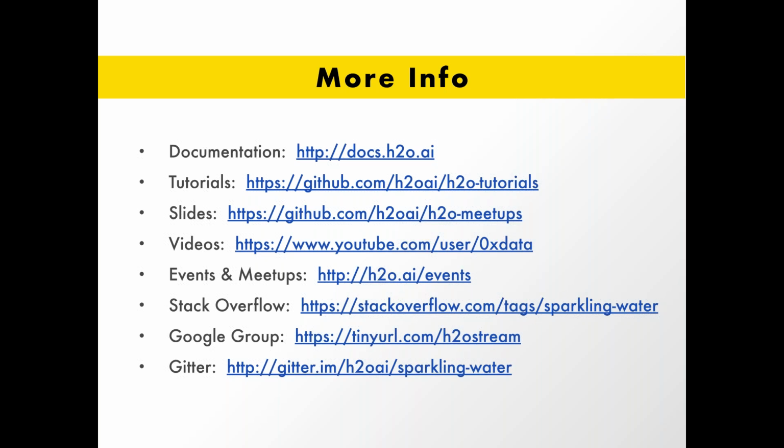In PySparkling or Sparkling Water, you can load the Mojo model, and you will get an H2O Mojo model object, and you can run predictions using this object. You just need to pass it a Spark data frame, and it will internally create the raw data and run the predictions. The advantage is that you don't need to worry about coding this, and it will also run in parallel automatically. But you can do that manually. In that case, I would advise looking at the code of this object where it's implemented.